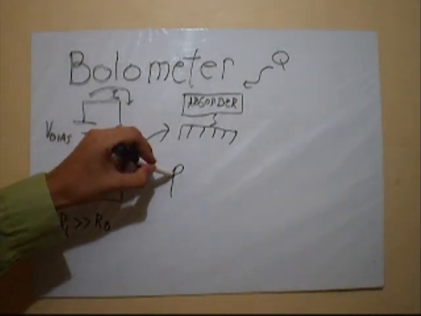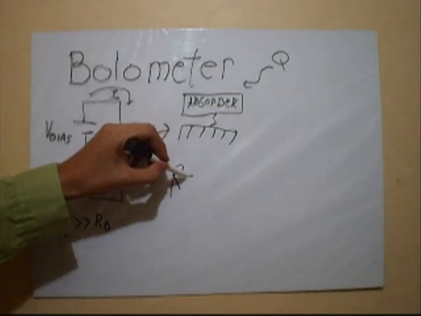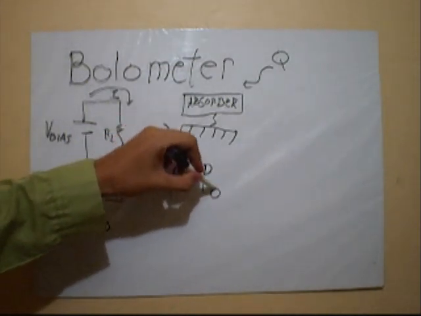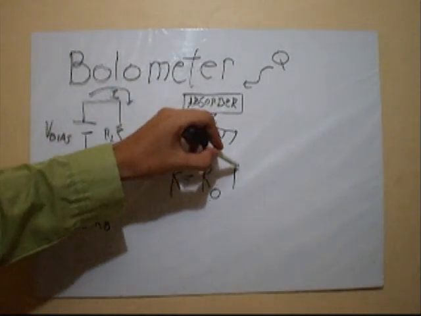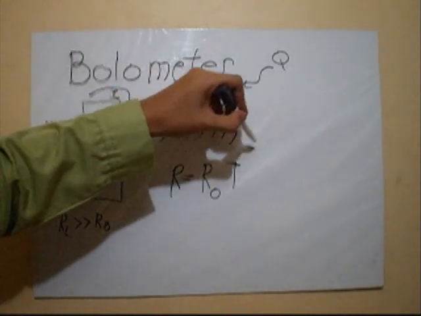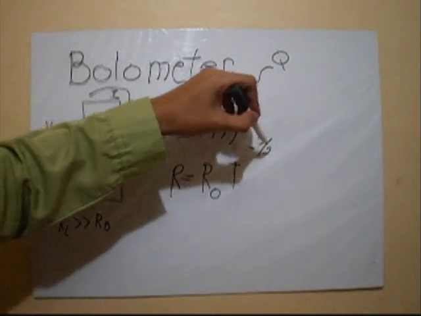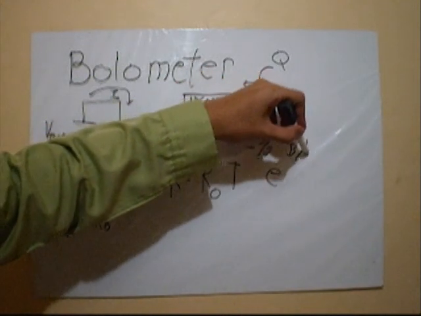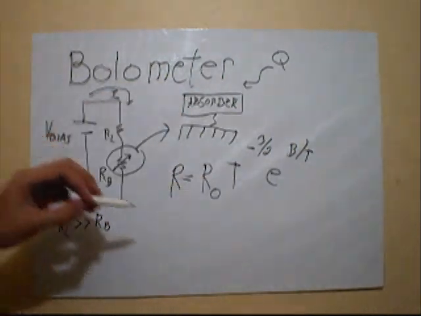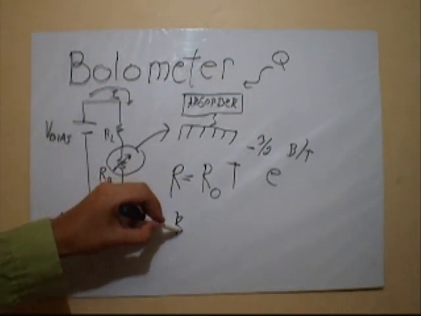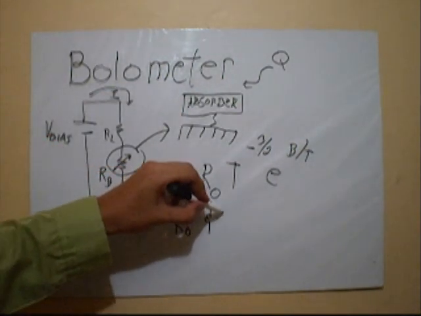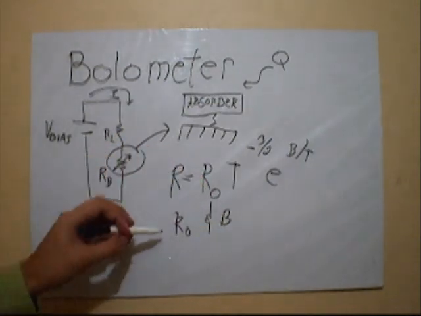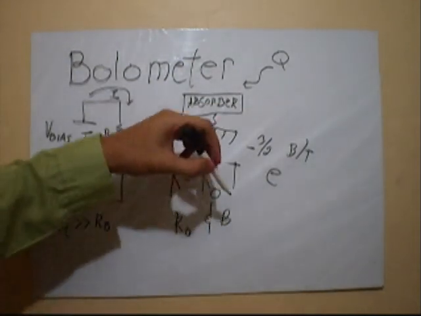The formula for the resistance. R0 and B are constants.